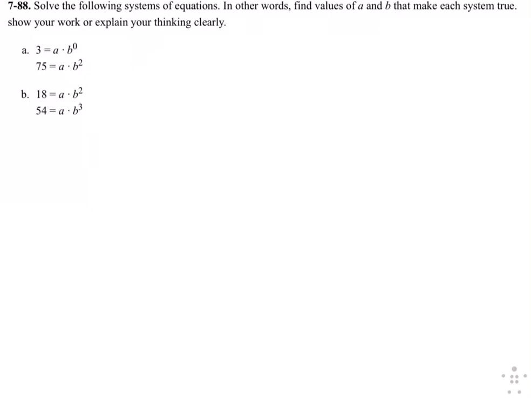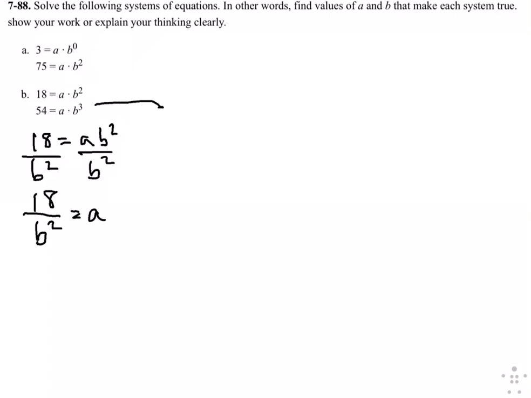So the top equation really becomes, I have 18 equals ab squared, right? If I divide both sides by b squared, I have 18 over b squared equals a. And then I can do the same thing for the bottom equation.